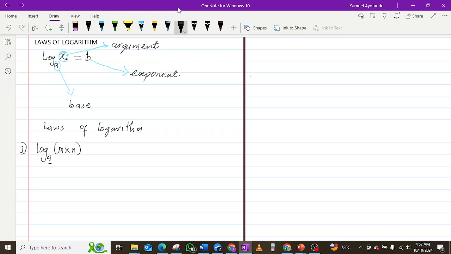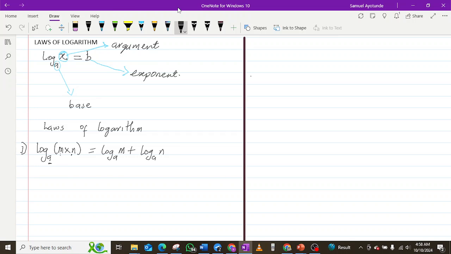Since we have a base a here and two variables are being multiplied here, this will be simplified as log base a m plus log base a n. This is how we simplify multiplication.